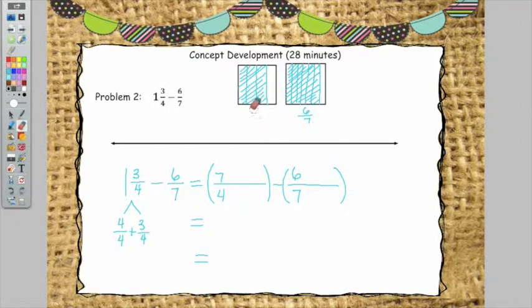Okay, common denominator for 4 and 7. What do you think it is? 28. So 4 times 7 and 7 times 4, correct? Okay, try not to look up until you've got this done.